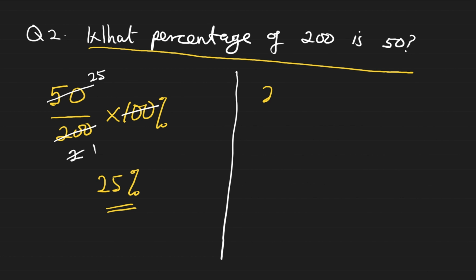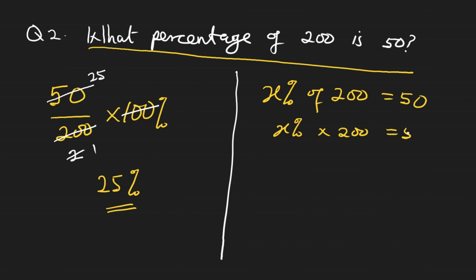So X percent of 200 is 50, which means X percent times 200 is 50.